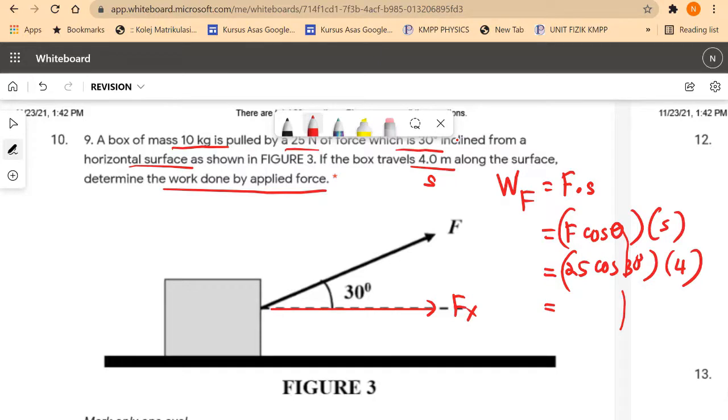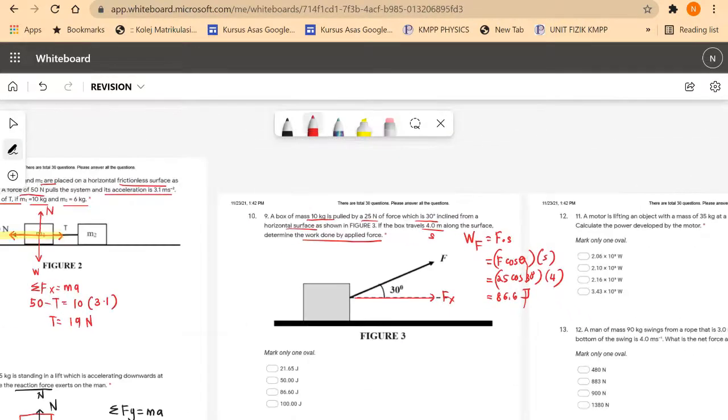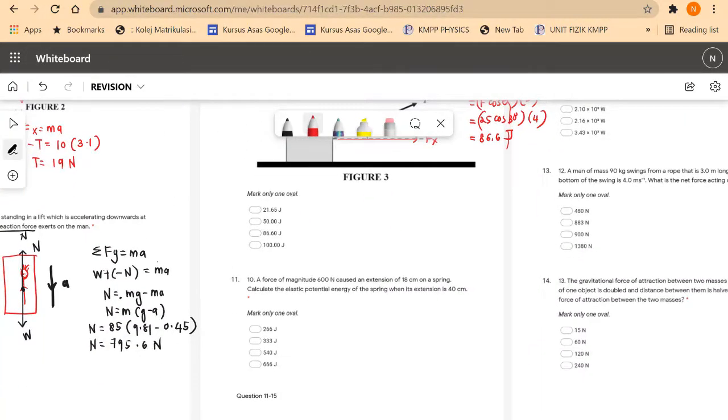So work done by the applied force equals 86.6 joule. So the answer is C for this question.